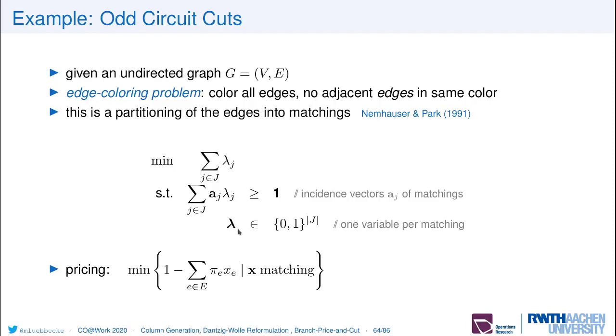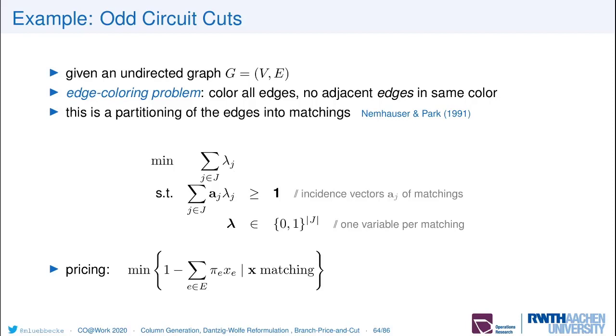And all you need to ensure is that you're selecting some of the matchings, and that every edge appears in at least one, or exactly one, doesn't really matter, of the selected matchings. Every matching will have to be colored in a separate color afterwards. So you're minimizing the number of colors, which is the number of selected matchings to cover or partition the edge set of the graph. Just pause for a while and check that you understood that this model is right.